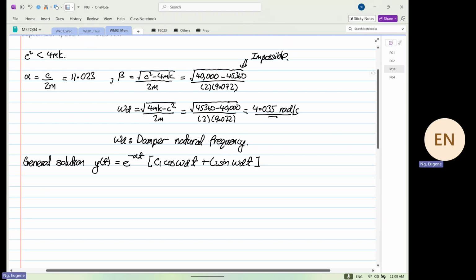So we know the value of alpha. So e to the minus 11.023t, C1 cos, omega d is 4.035, plus C2 sine 4.035. Hey, 4 point, where did you get 40.03? Come on, Eugene.